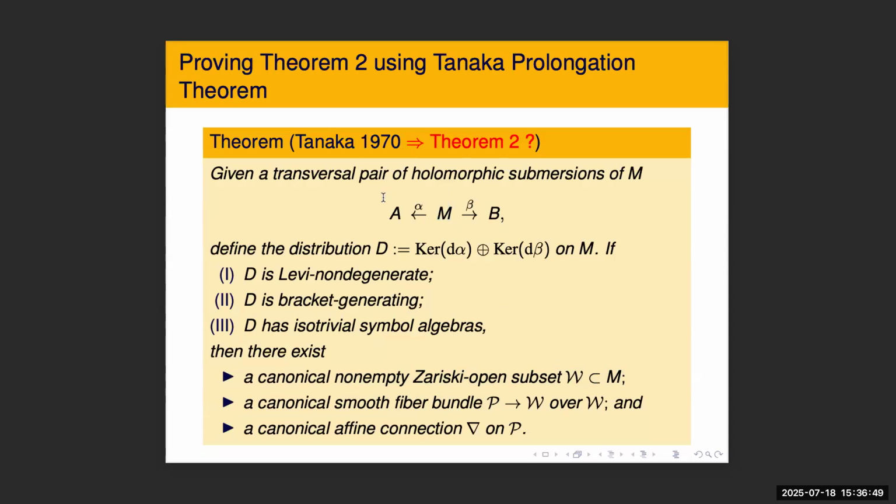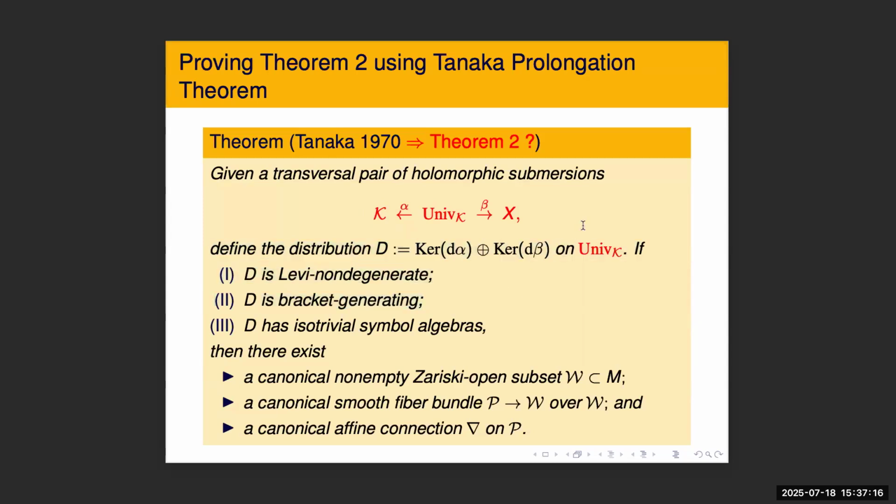It's obvious what to do. You replace the double fibration by our universal family. And on the universal family, we consider this distribution as Tanaka did, by direct sum of the fibers. And then we need to check these 3 conditions.